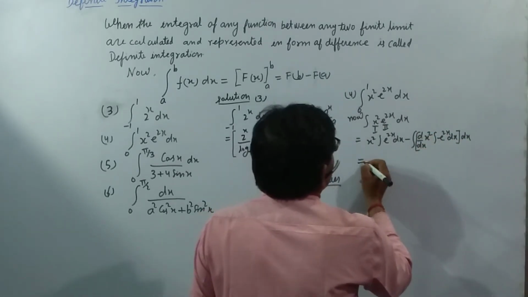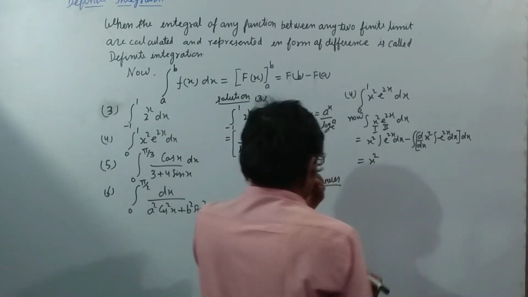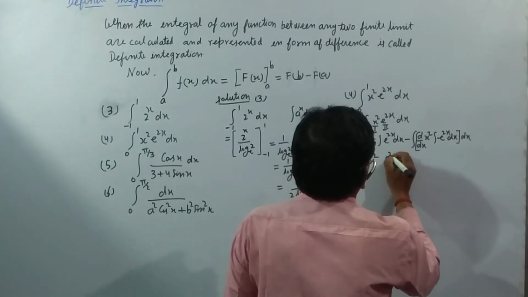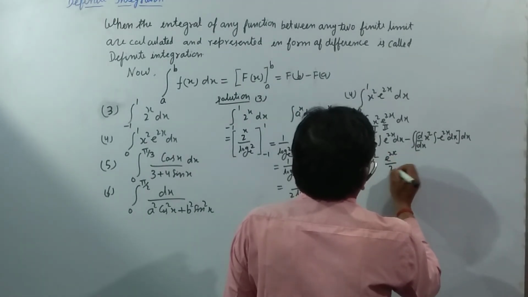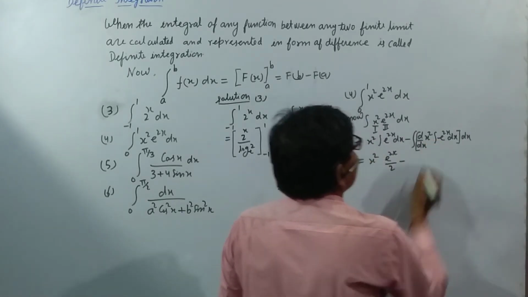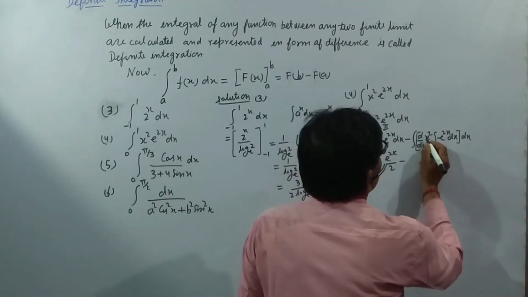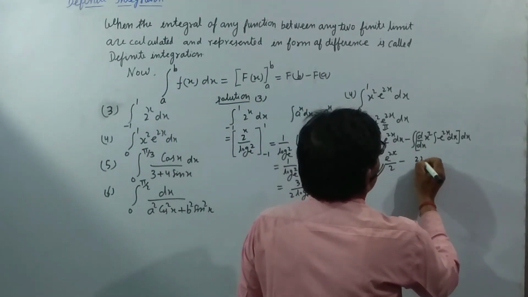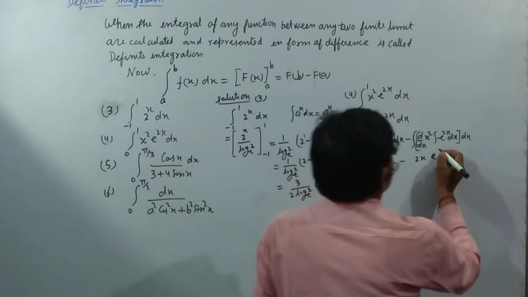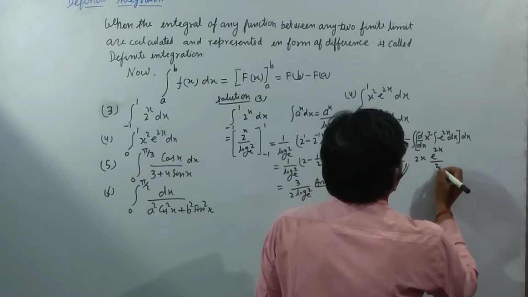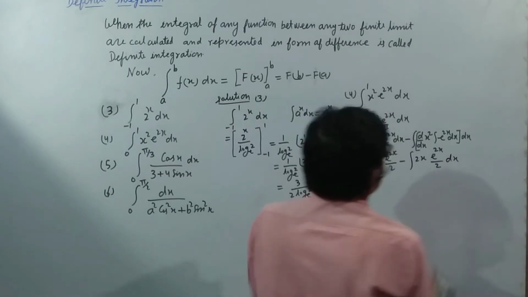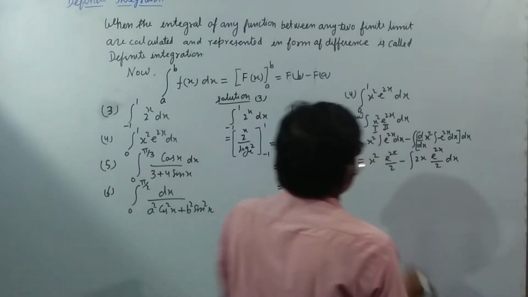In this case, x square times the integration of e to the power 2x, which is e to the power 2x divided by 2, and minus differentiation of x square, n x to the n minus 1, so that is 2x, and this will be integration of e to the power 2x dx, e to the power 2x divided by 2, and integration of the whole dx. 2 and 2 cancel here.